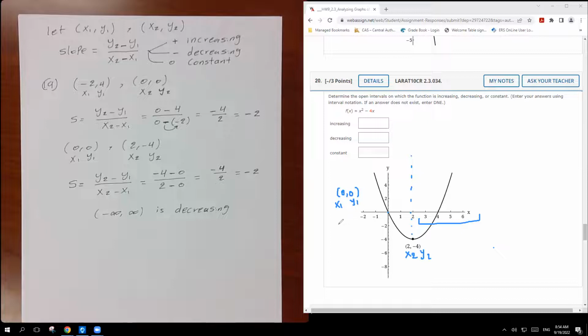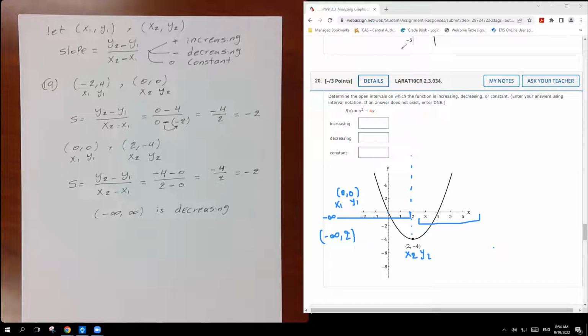You're going to write down the solution on the x coordinate. That means from negative infinity to this point, which is 2, the graph is increasing, decreasing, or constant. You're going to finish the first part.